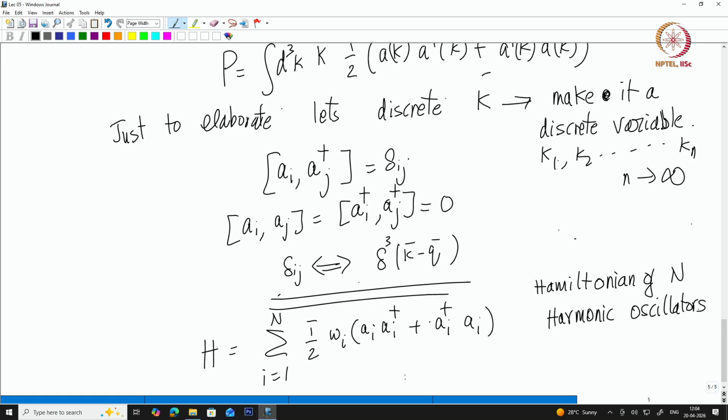So it is a bunch of n harmonic oscillators. It becomes much more concrete what I was saying to you earlier. Now we have to give it some interpretation. What is the meaning of these harmonic oscillators?